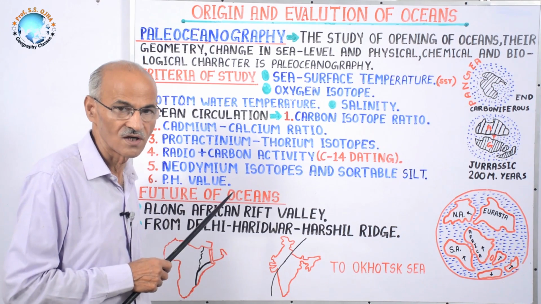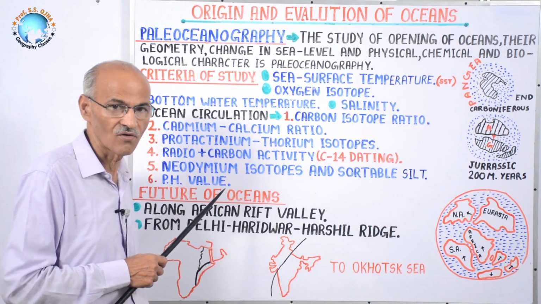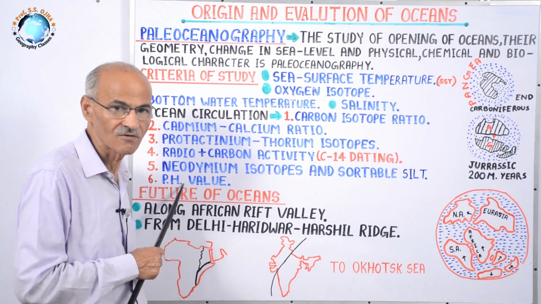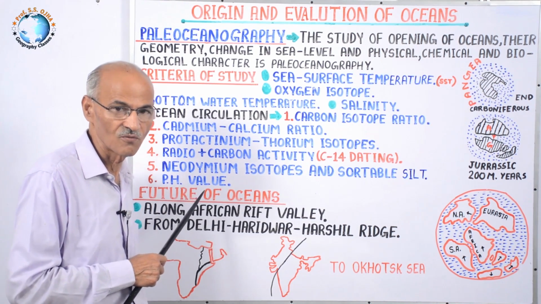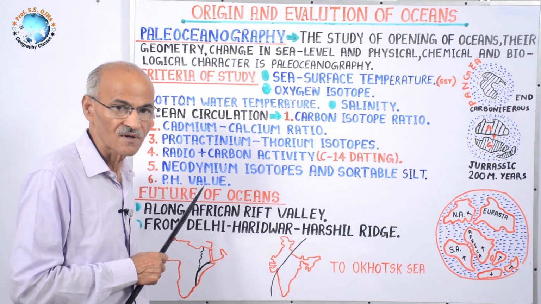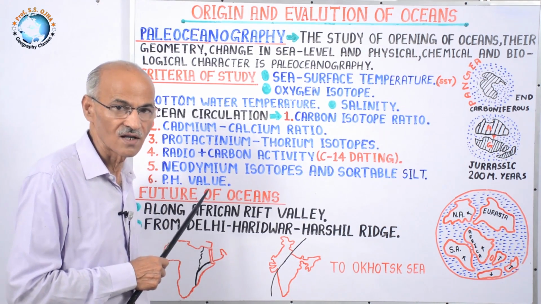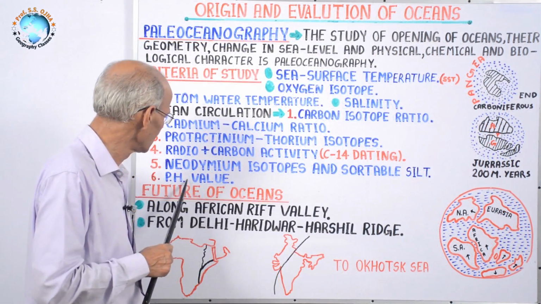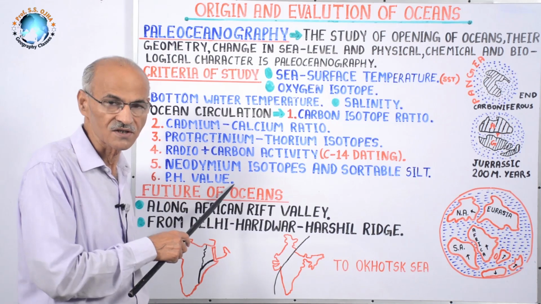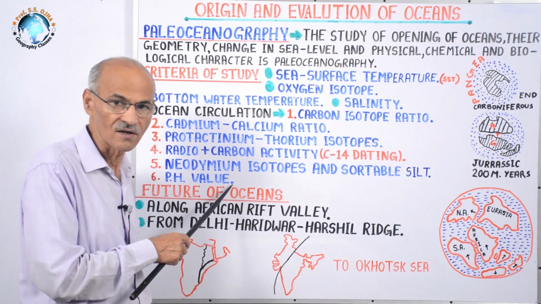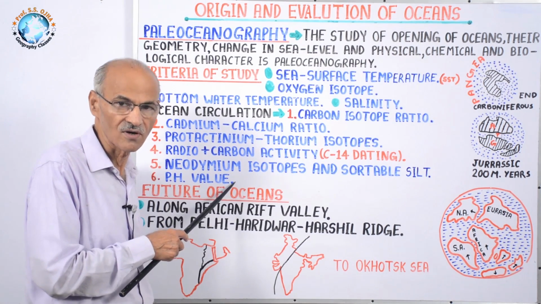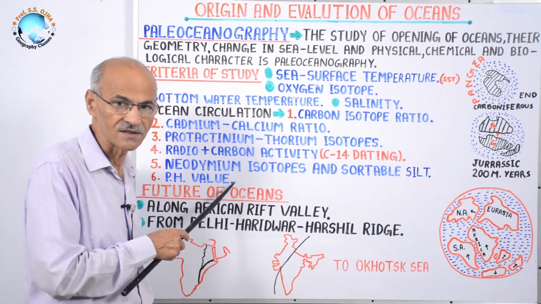As the value decreases towards 1, it is called acidic, while if pH value increases towards 14, the alkalinity will increase. pH value also helps us to know the past conditions of water, because the normal pH value of water is nearly 7.